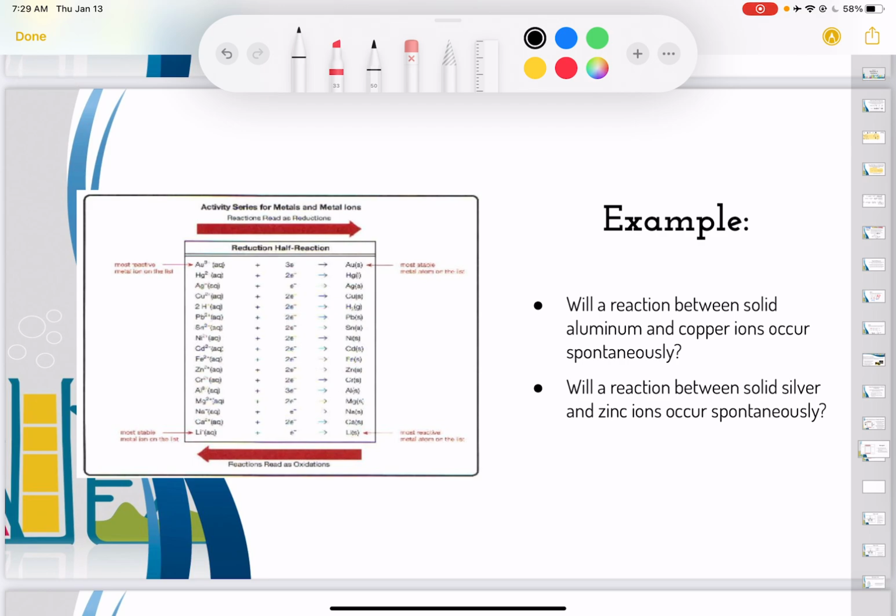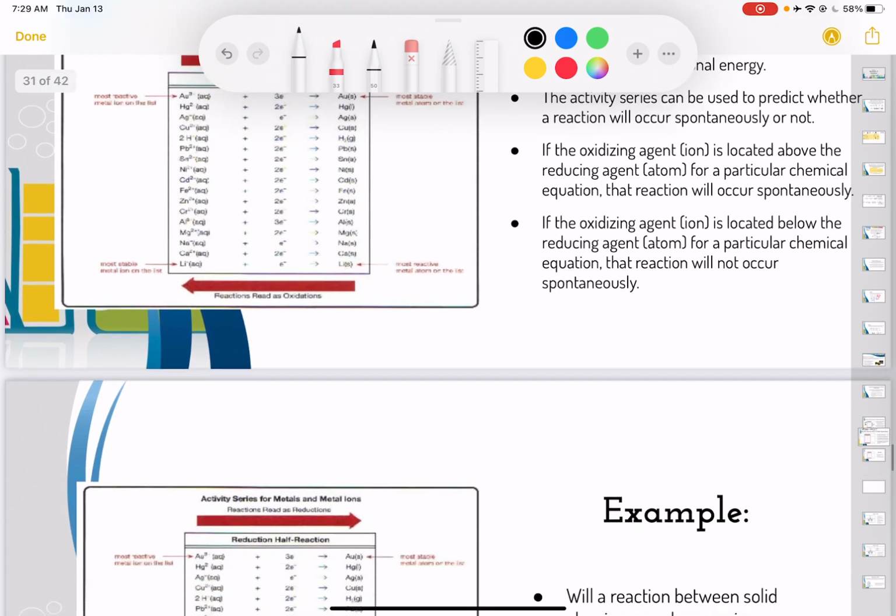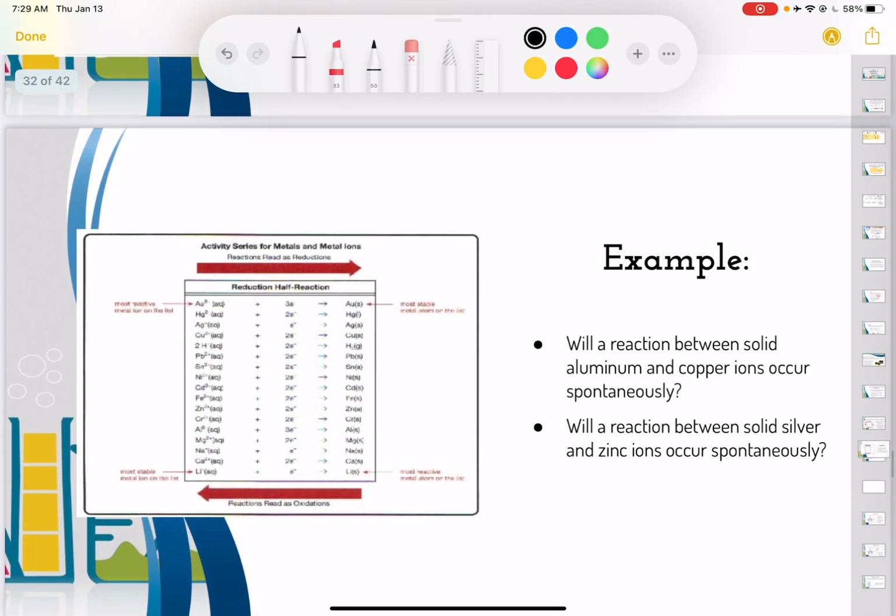All right, so this is giving us an example. Will a reaction between solid aluminum and copper ions occur spontaneously? Okay, so remember, if we look back at this, it has to have the ion above the solid for it to be spontaneous. So we're looking for the copper ion and the aluminum solid.